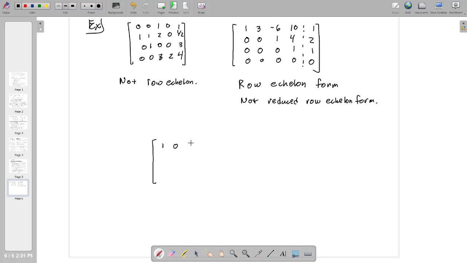1, 0, 1, 0. Do an augmented. 0, 1, 2, 0, 3. 0, 0, 1. And 0, 0, 0.